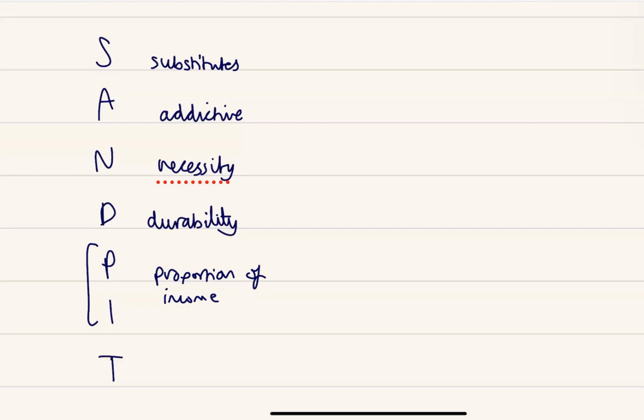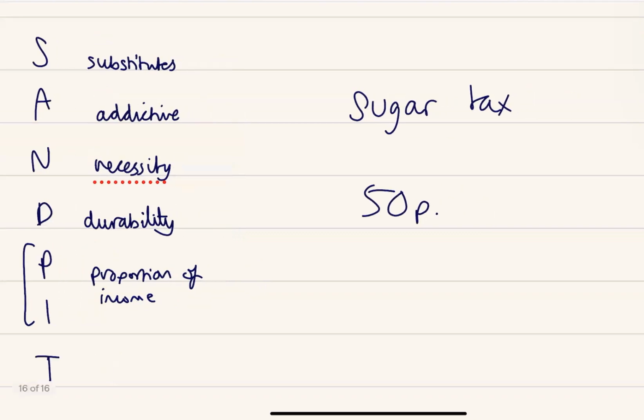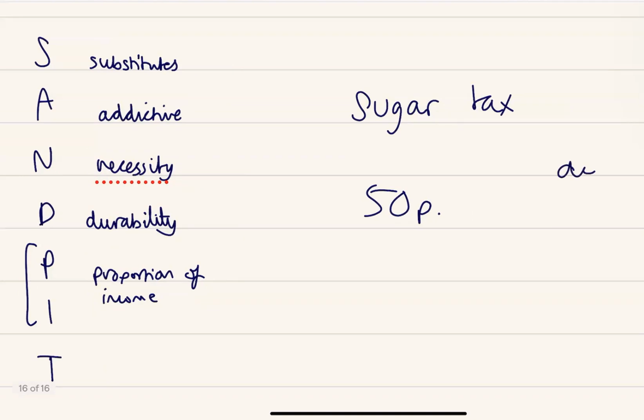For example, we're going to look at tax later, but there's a sugar tax. Before, I remember every can of Fanta, Coca-Cola, Mirinda, if you go to a chicken shop or a newsagent or Sainsbury's, anywhere, they were always 50p. And now, if you look at Diet Coke, does anyone know the price of Diet Coke right now?